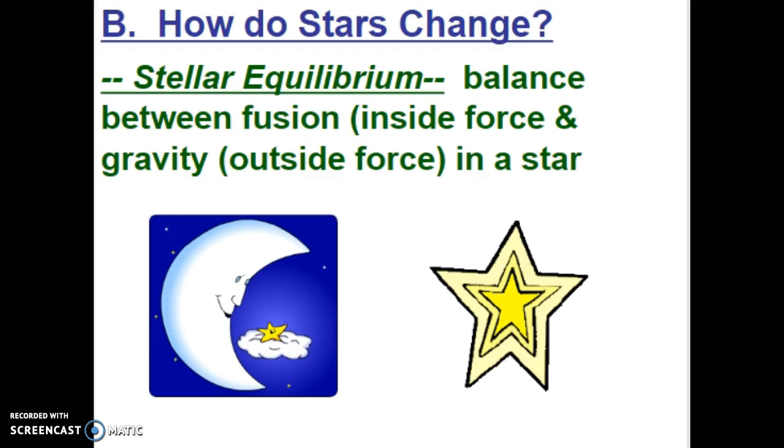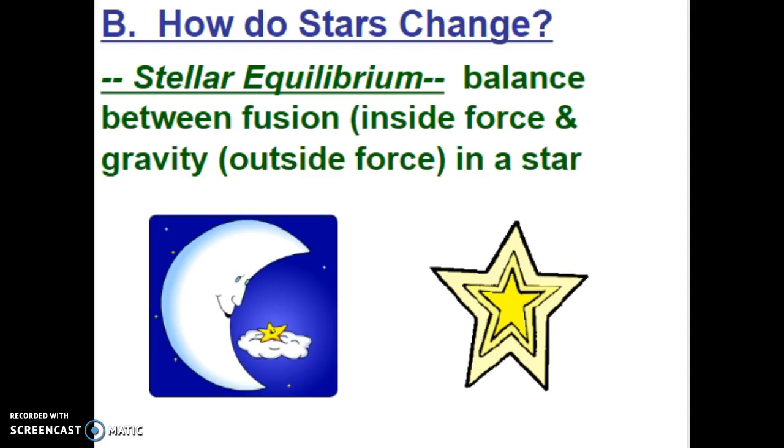Once we get from the nebula, that large cloud of ice and gas and dust, to a protostar, how do these stars change throughout their life cycle if they were living things? A star needs to maintain what's called stellar equilibrium. Stellar equilibrium is a balance between two forces in a star: the fusion forces, which are the inside force of a star, and gravity, the outside force.